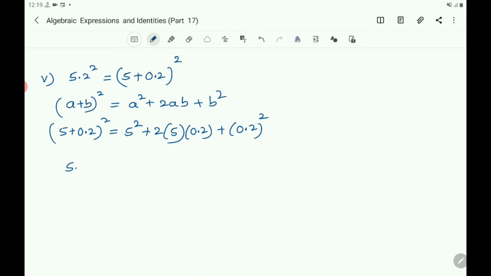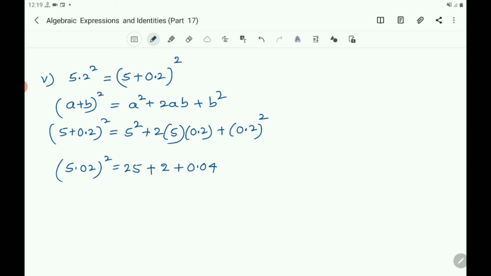Then 5.2 whole square equals 5 square is 5 into 5, that is 25, plus 2 5s are 10, 10 2s are 20, so you will get 2.0, that is 2. Then plus 0.2 whole square is 2 square is 4, so it is 0.04.